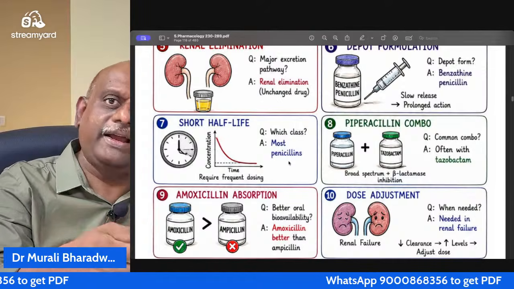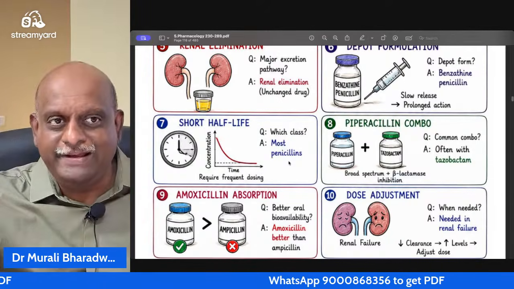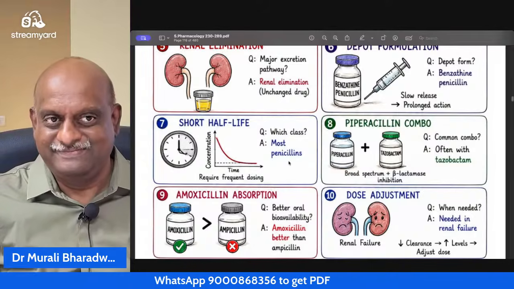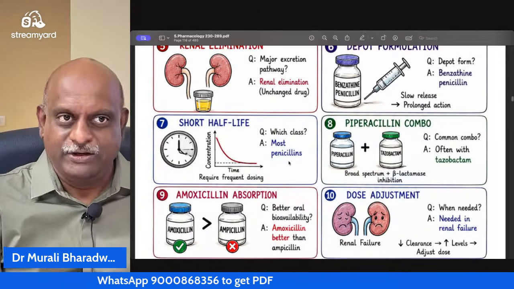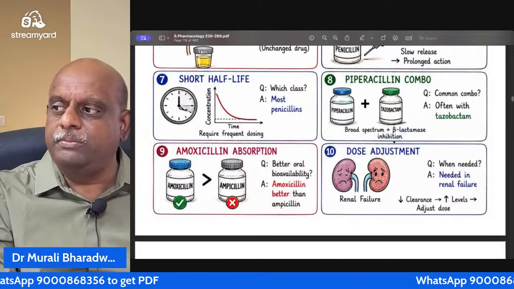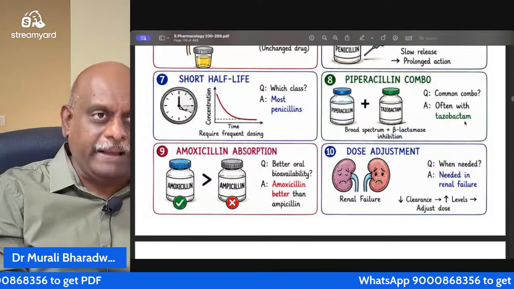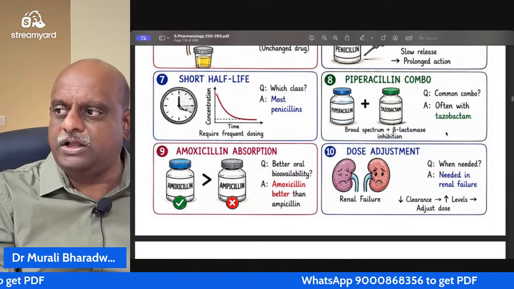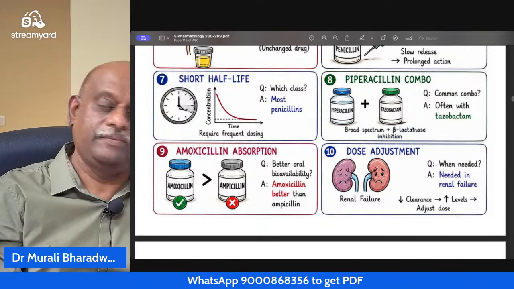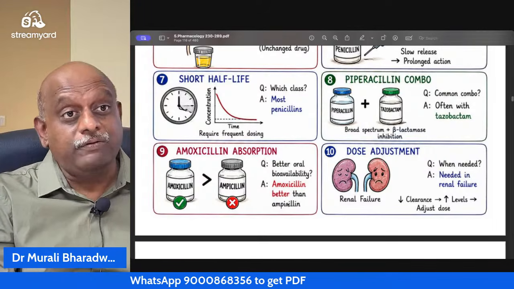That's the reason we take amoxicillin clavulanic acid TID, BD, not OD. Then piperacillin combo. Typically, we combine piperacillin with tazobactam because tazobactam is a beta-lactamase inhibitor.